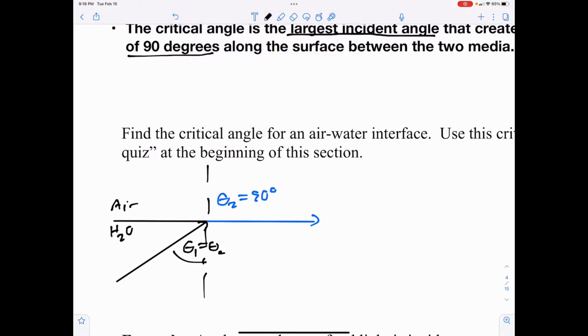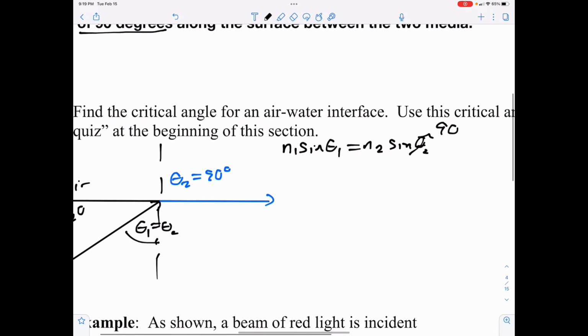So the equation we have is N1 sine theta 1 equals N2 sine theta 2, where theta 2 is 90. We have N1 sine of theta c is equal to N2, because sine of 90 is equal to 1. Sine of theta c is equal to N2 over N1.